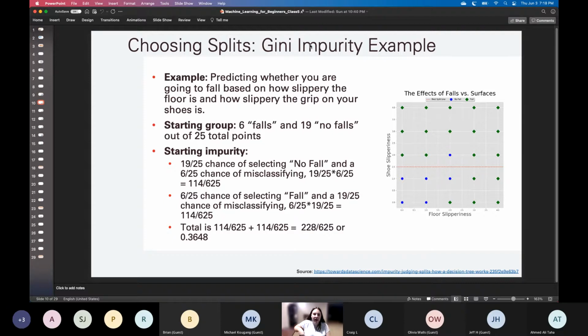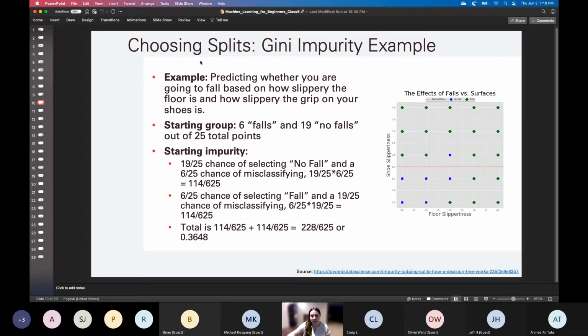So here's another example. I wanted to give two so that hopefully you would understand a little bit more about it. Here's a second example, predicting whether you're going to fall based on how slippery a floor is and how slippery the grip on your shoes is. This is a little closer to our machine learning example.